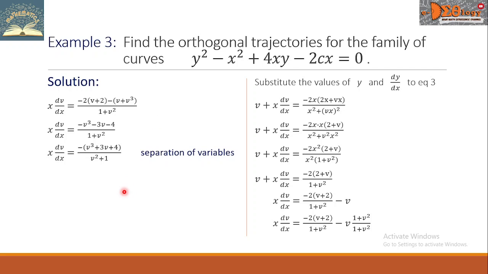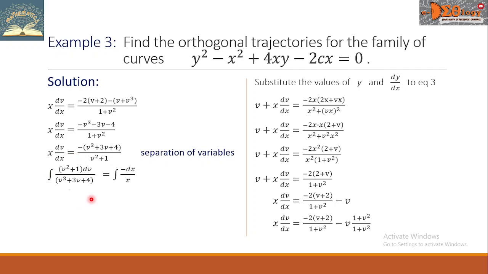When we separate the variables, the equation becomes like this: v squared plus 1 multiplied by dv all over v cubed plus 3v plus 4 equals the negative of dx over x. Then we take the integral of both sides. On the right side, it is easy to take the integration.